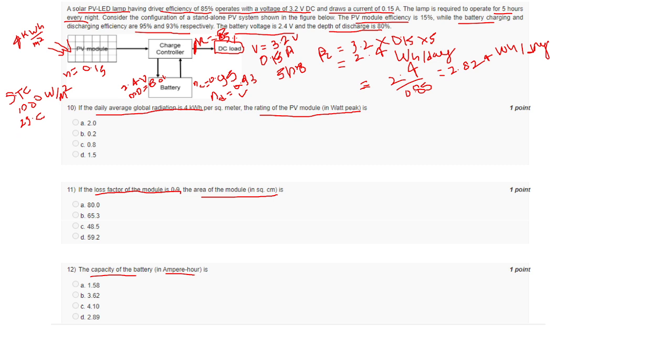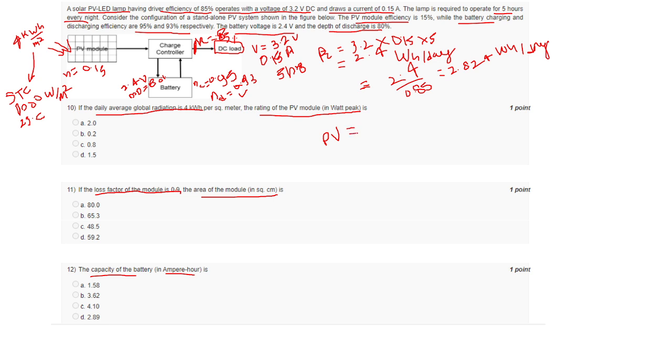In terms of STC, we are receiving 1000 watt per meter square for 4 hours, which equals 4 kilowatt hour per meter square.